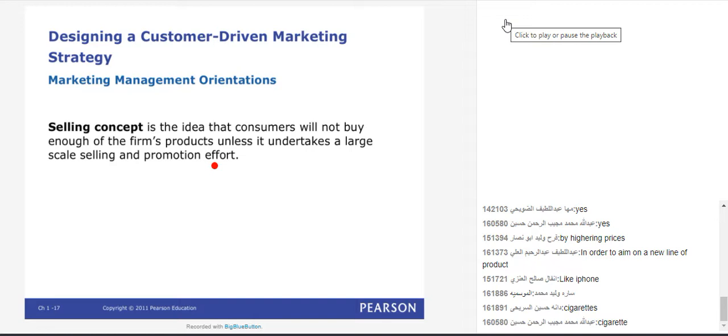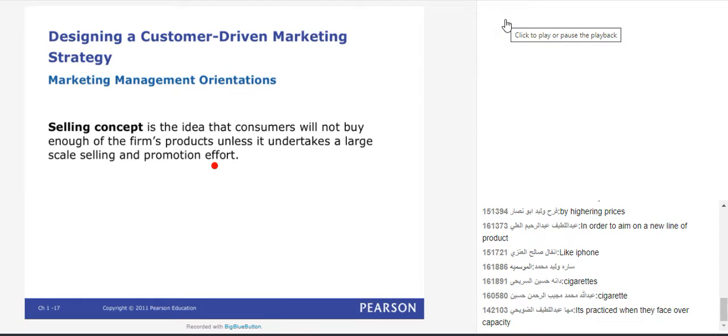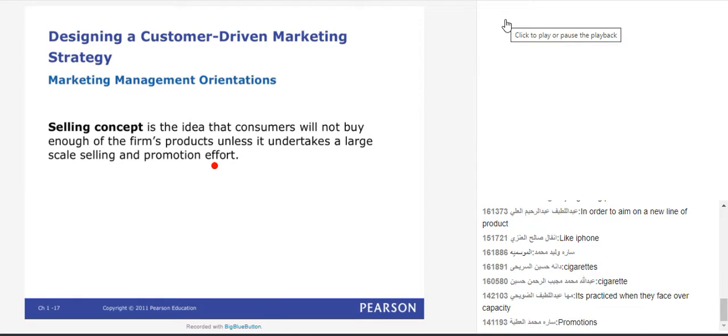And the selling concept, what was the focus? Guys, wake up with me. You need to interact more with me. The focus was on the selling techniques and on promotions.